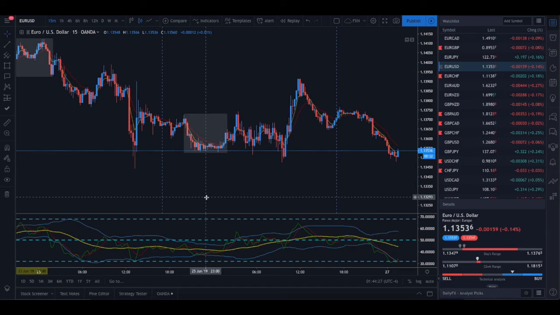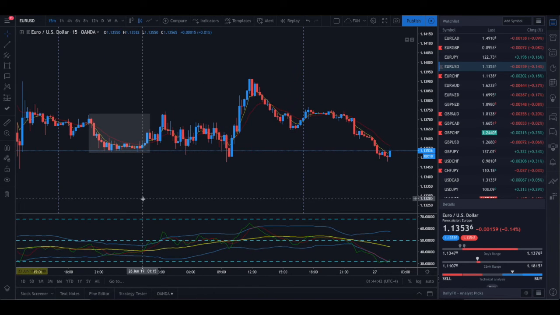So here's one way that you can use the TDI to help you avoid certain pairs during the London session. This right here is a good example, because essentially you can see that the price line itself was literally moving straight across in the middle of the 50, which really is not going to allow you to produce any kind of a good trading setup anyways.